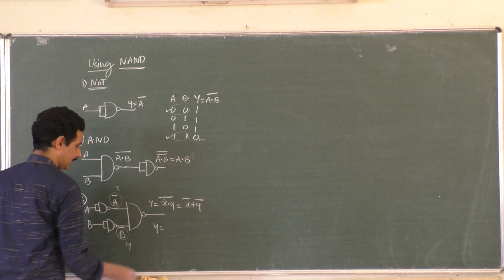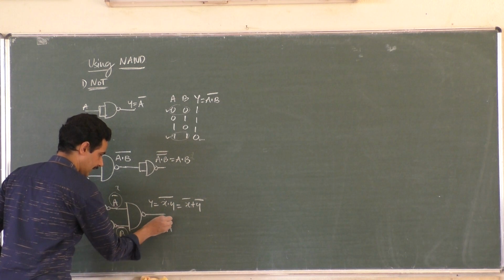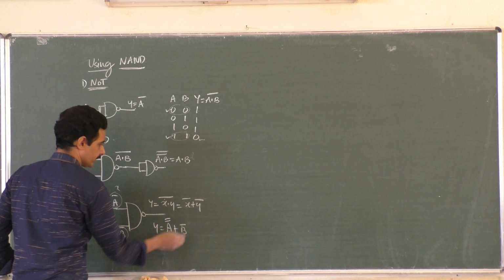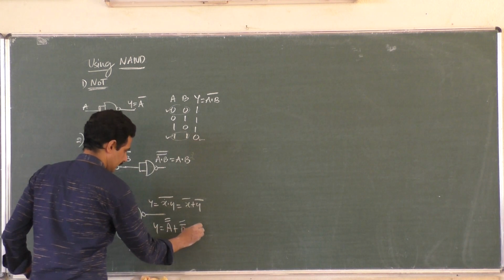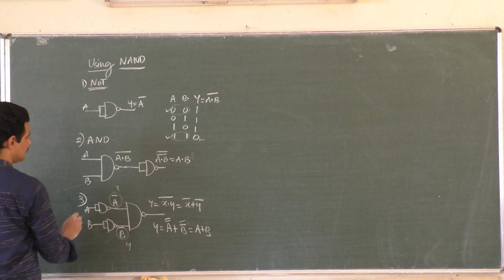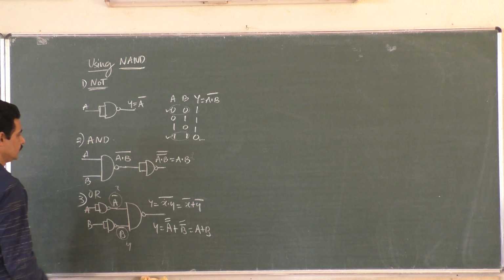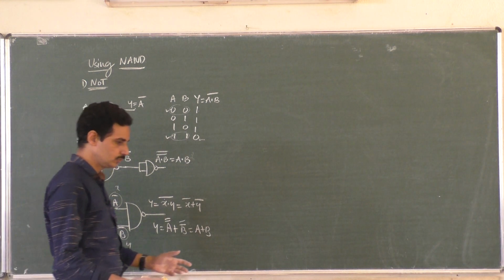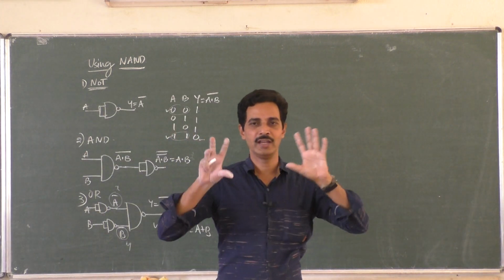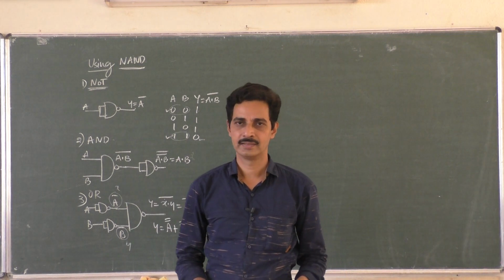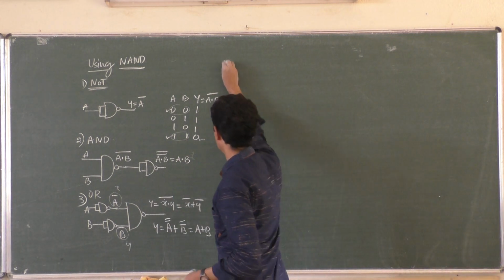What is X bar? X is A bar, so X bar is A, then Y bar is B bar, again another bar, so B. What is this? A plus B. So is it OR? Yes. OR using NAND, right? So connect two NOT gates to the input of the NAND gate, and the output is an OR gate.